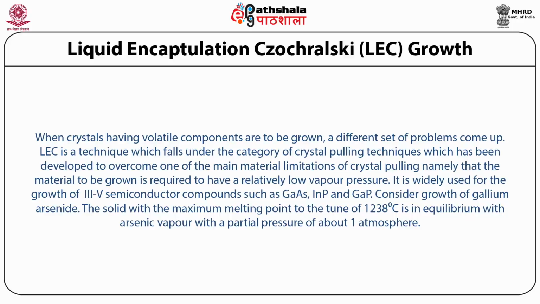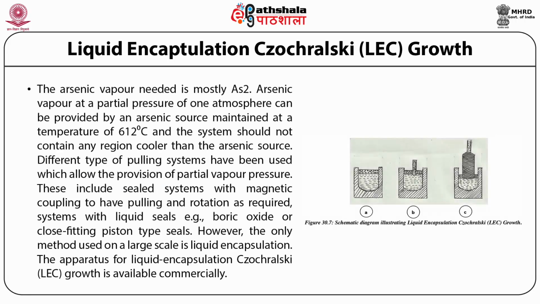phosphide, and gallium phosphide. Consider growth of gallium arsenide. The solid, with the maximum melting point to the tune of 1238 degrees centigrade, is in equilibrium with arsenic vapor with a partial pressure of about 1 atmosphere. The arsenic vapor needed is mostly As2.